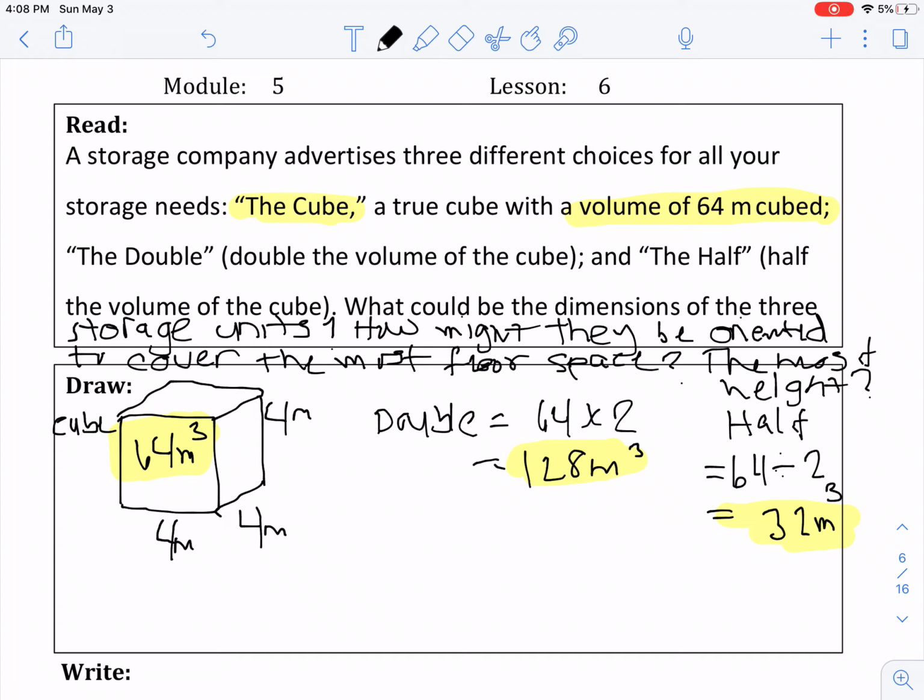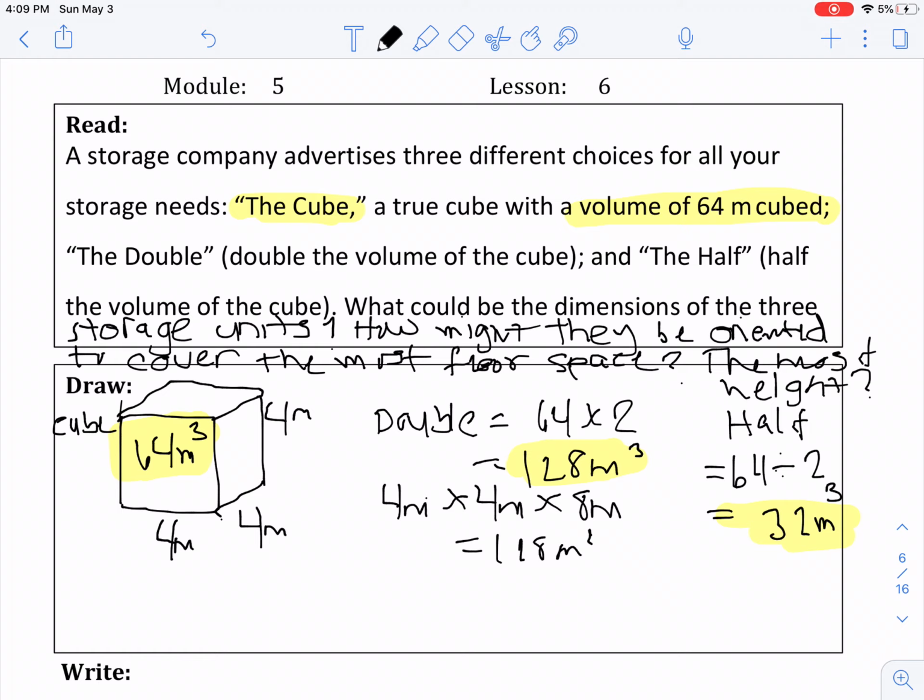If we add another cube to the top, our height would change, right? But would the length and the width change? No, they wouldn't. So we would have a length of 4 meters, a width of 4 meters, and then a height of now double of 4, which would be 8 meters, which still gives us 128 meters cubed.